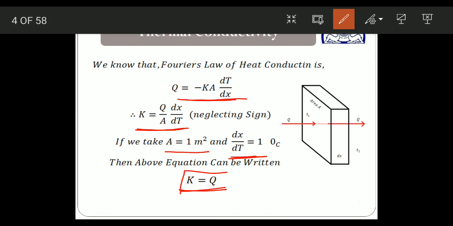That means whenever there is a body whose normal area to the direction of flow is unity, and unit temperature gradient is present, then whatever rate of heat transfer flows through that body is nothing but the thermal conductivity.